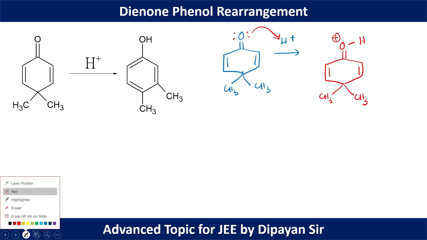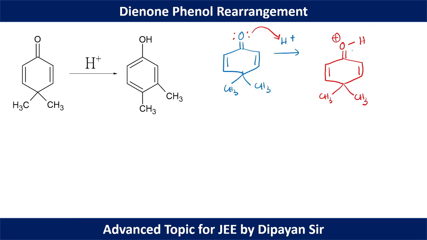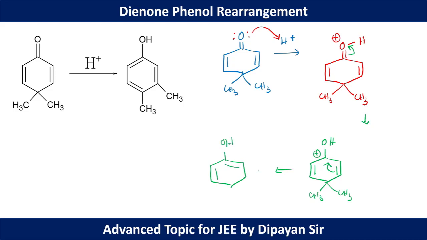Now to stabilize the oxygen, this pi bond will break and we have one carbocation here, and this carbocation is resonance stabilized. Hence this pi bond will come to this side and this will be our intermediate which is going to form.